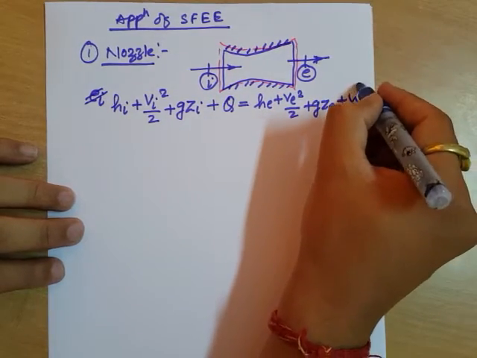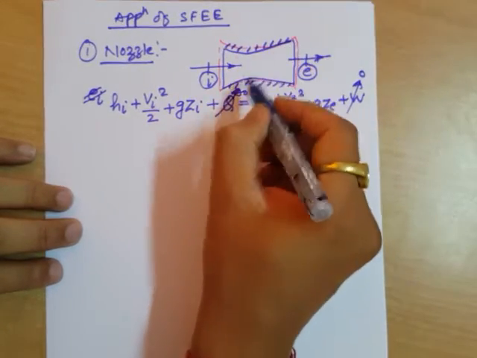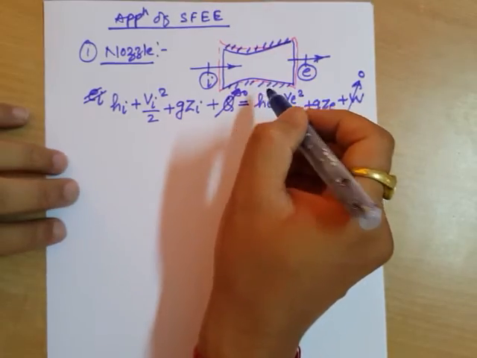Now you know that this is a no work device. That is, no work interaction is taking place, and no heat interaction is taking place, as we have considered this as adiabatic.